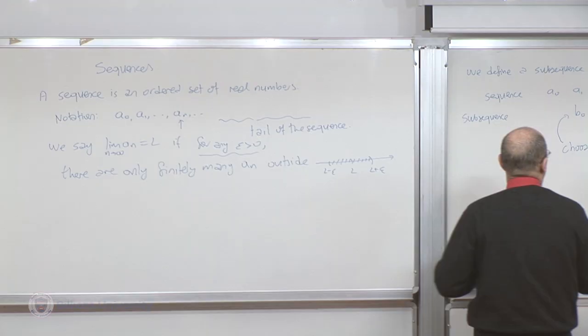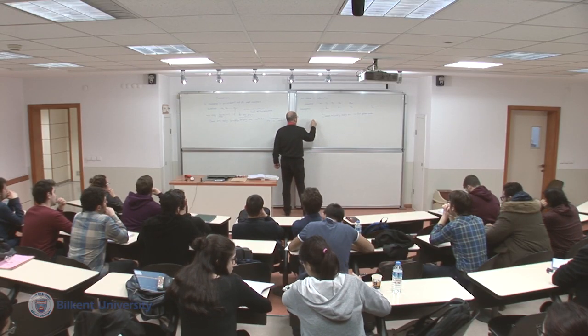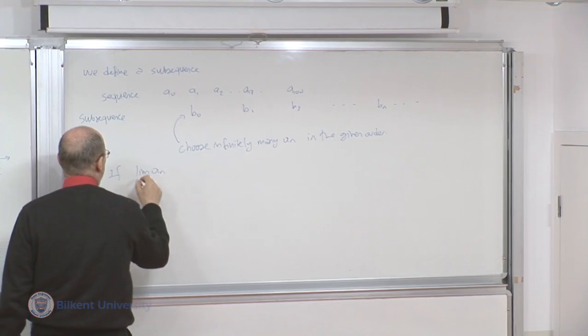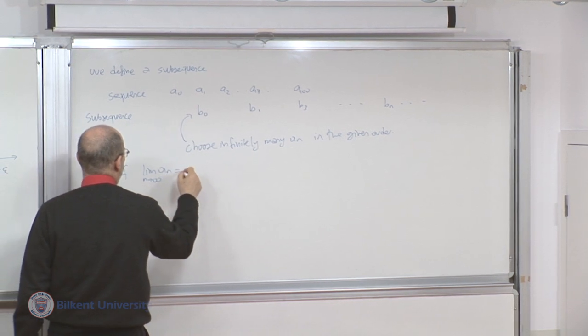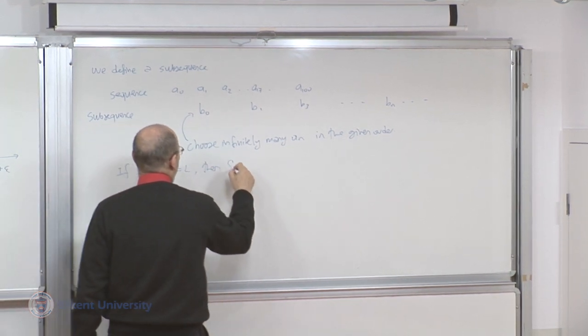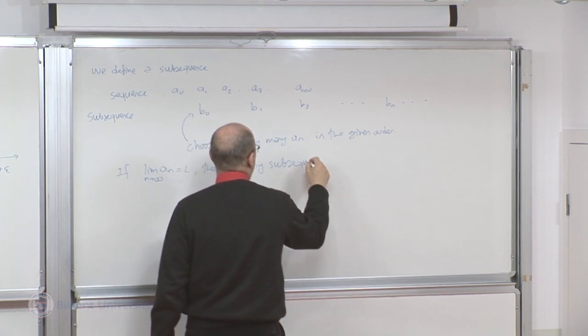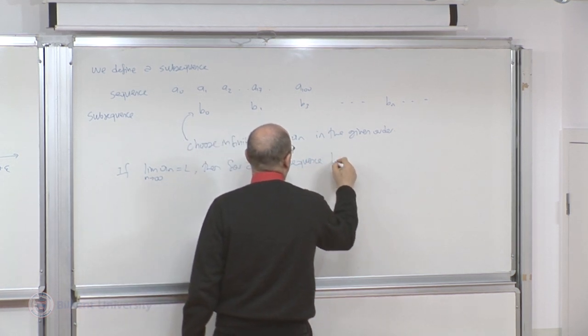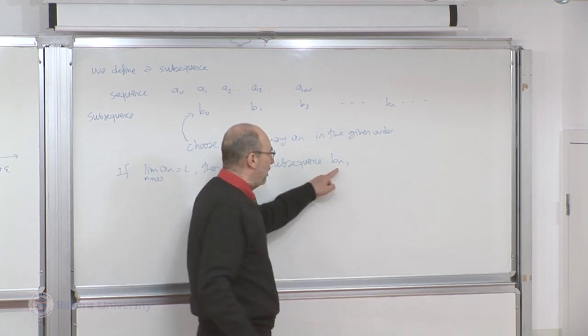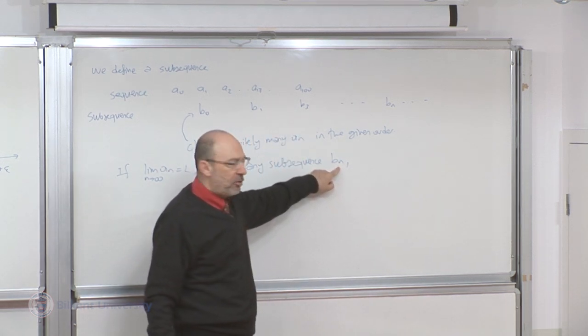So if the limit as n goes to infinity is L, then for any subsequence Bn, there are different notations for the sequence.